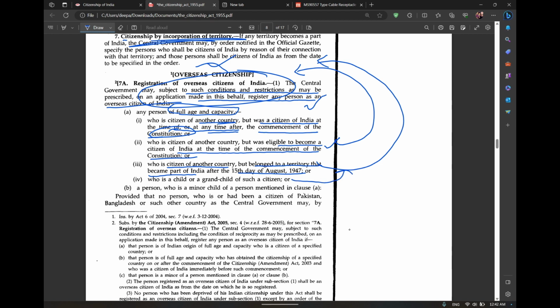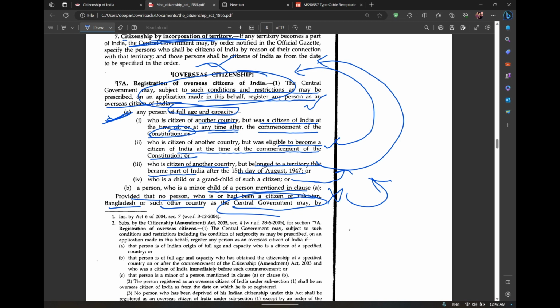A person who is a minor child of a person mentioned in clause A, provided that no person who has had the citizenship of Pakistan, Bangladesh or such country as the central government may specify. So if the central government gives any list of countries, and the person belongs to that country, in that condition that person will not be given overseas citizenship.